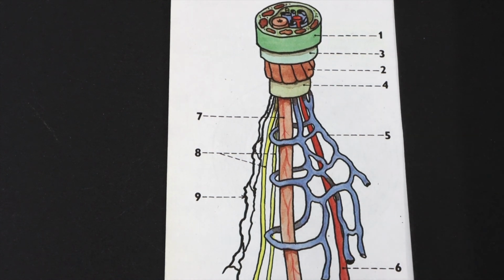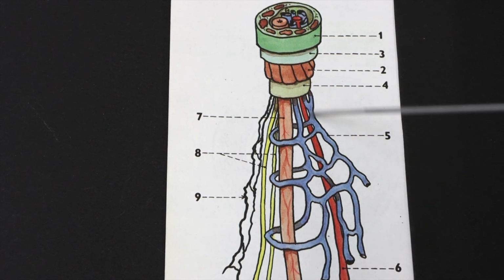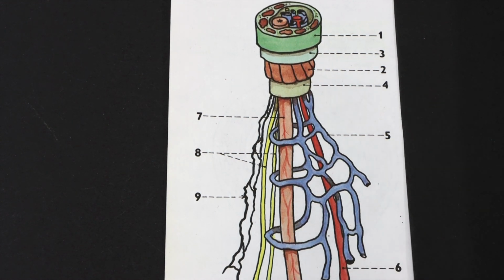Parallel with the wall of the testicular artery also passes a nerve plexus, the sympathetic nerve plexus, which is called the testicular sympathetic plexus. And this bluish plexus of the veins is called the pampiniform plexus, a venous plexus.